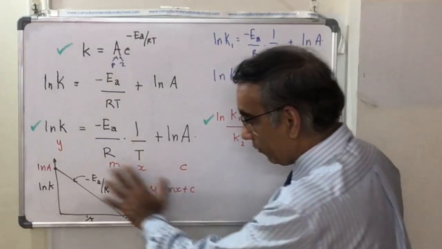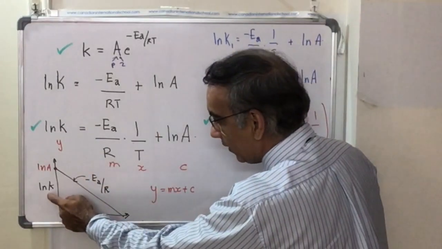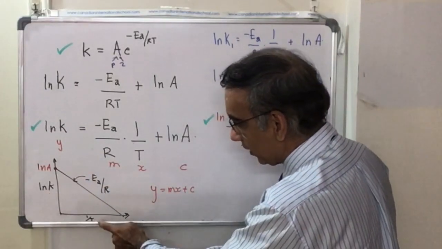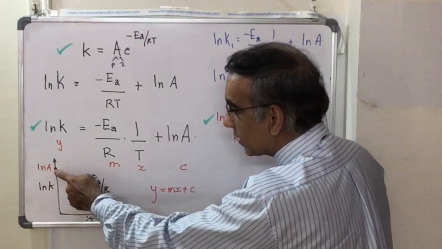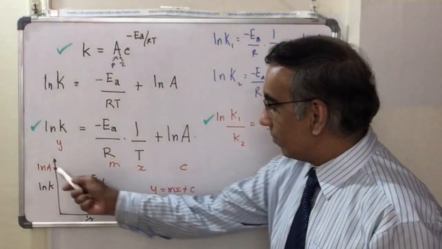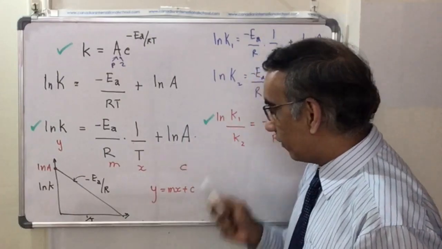And you can plot everything here with ln k, the natural log of k, going on that axis, 1 over T here, and the intercept on the y-axis being the natural log of A.